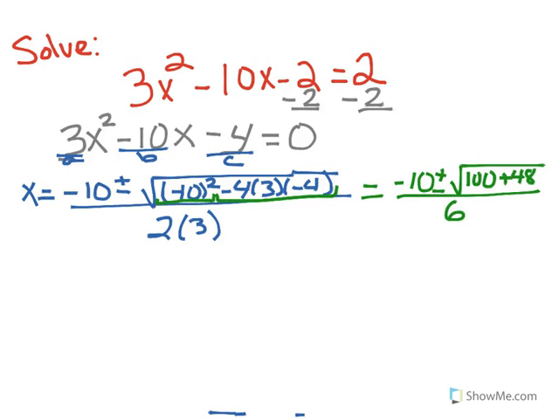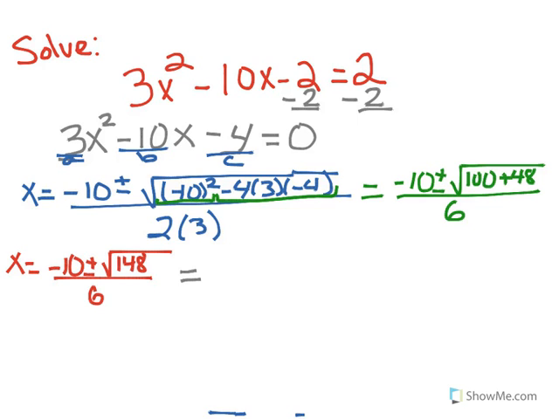So let's continue. We are really close to underneath the radical being down to one number. So we have x is equal to -10 plus or minus the square root of 148 all over 6. 148 is not a perfect square. So in our calculators, we're going to do the square root of 148, and we will find that it equals 12.2.